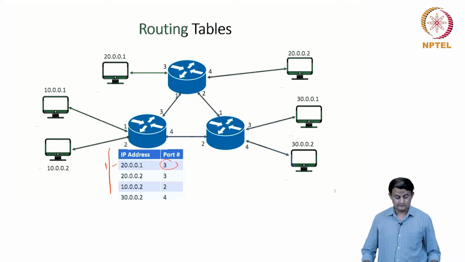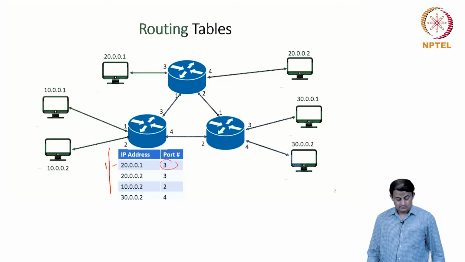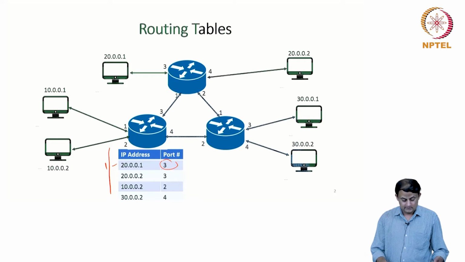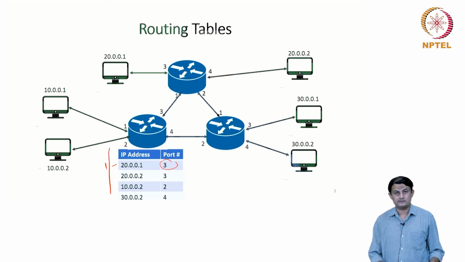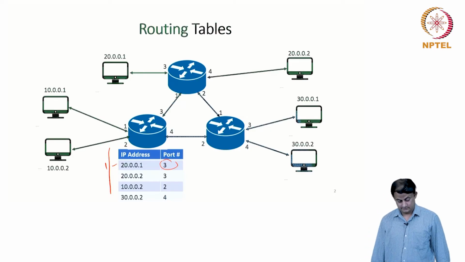The forwarding operation is basically to consult this routing table and then make the forwarding decision, so where to forward this. Now the question is, what is happening when I say that you need to look into this table and then forward it? What exactly happens inside the router to actually do this forwarding operation?